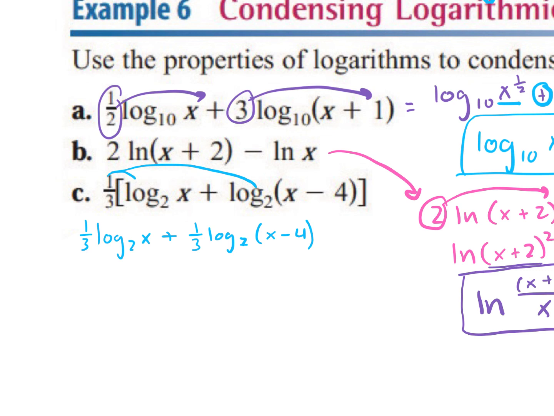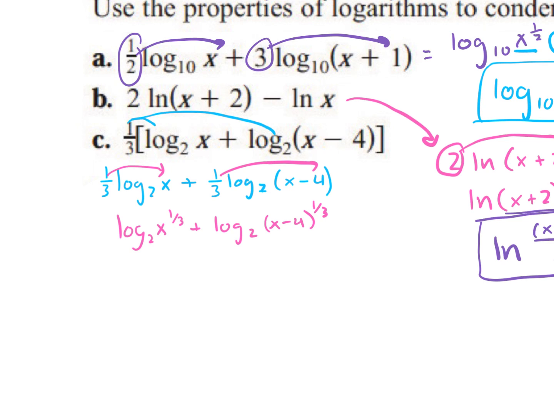Now I always want to start with moving my exponent to the top when I'm condensing. So that goes on top of the x and on top of the x minus 4. So log base 2 of x to the 1/3 power plus log base 2 of x minus 4 to the 1/3 power.